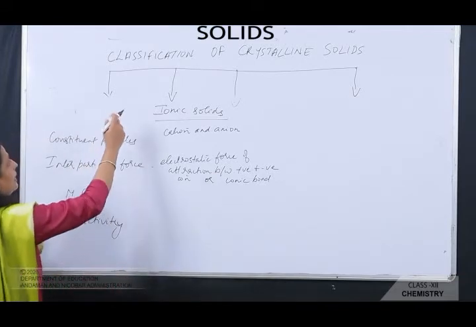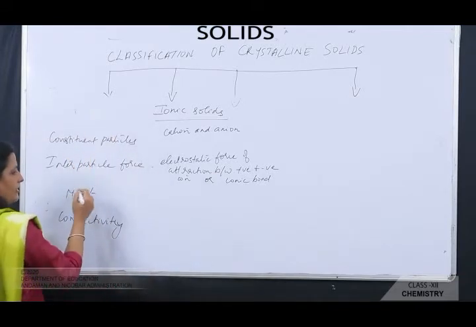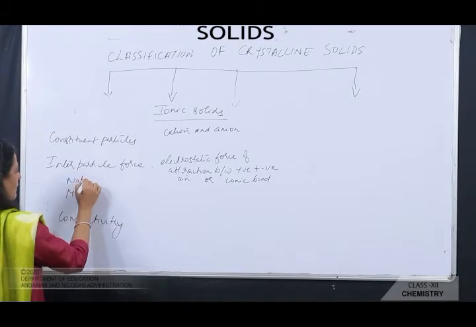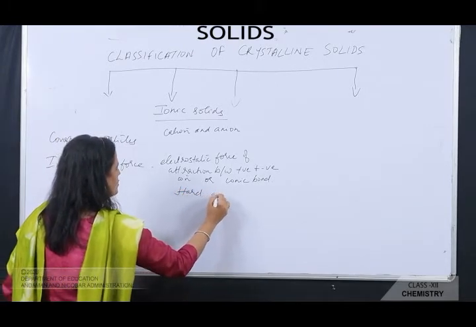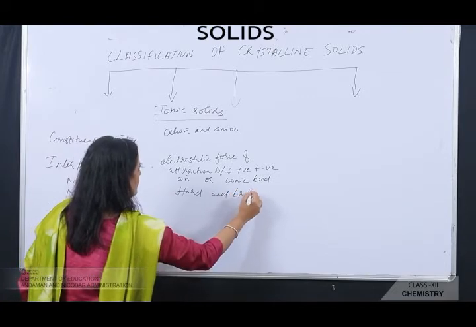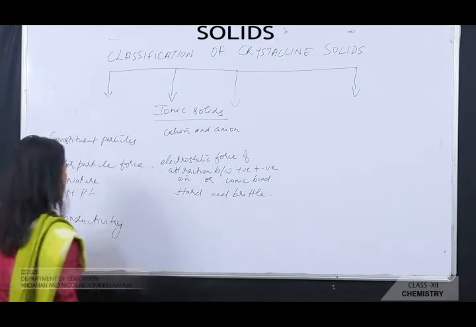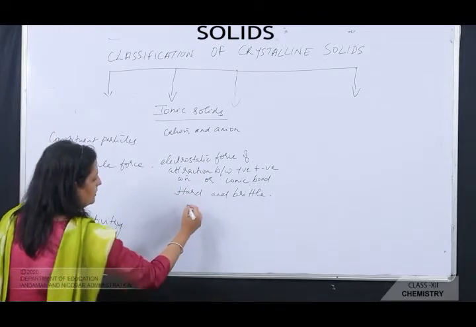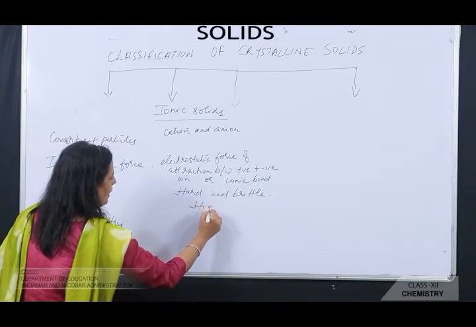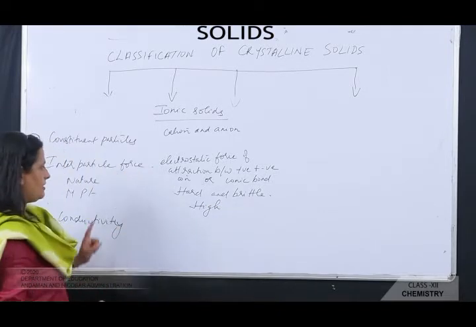Next, in case of ionic solids, its nature, how are they? They are hard and brittle. Then melting point, naturally when the force of attraction is strong, they'll have what? High melting point. Melting point is high. Then conductivity.